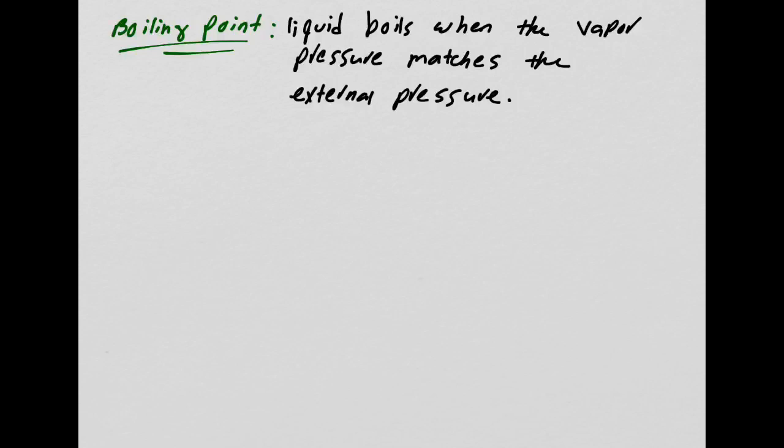Now, what is the boiling point of water? We always teach you that the boiling point of water is 100 degrees Celsius. But the boiling point of water is 100 degrees Celsius at 1 atm.